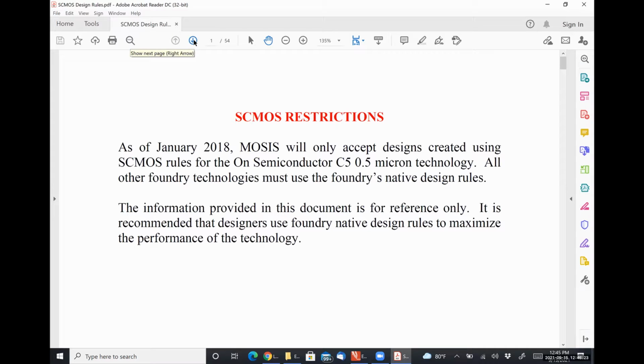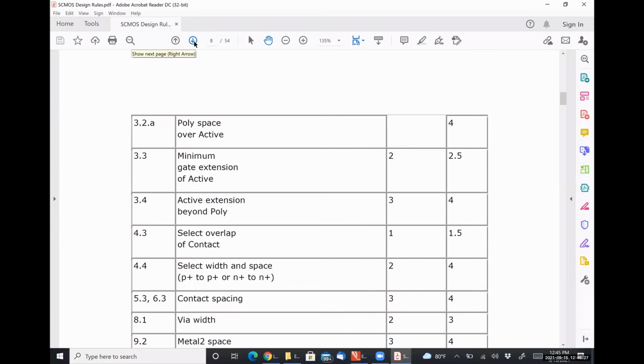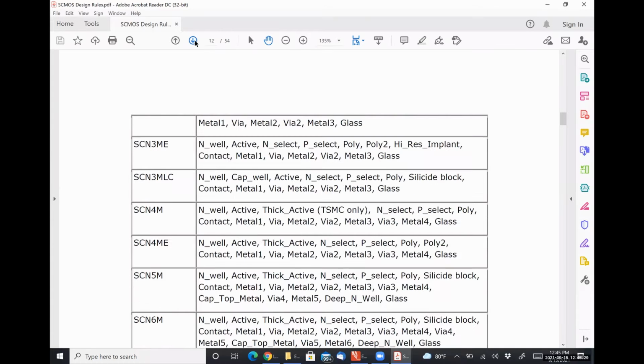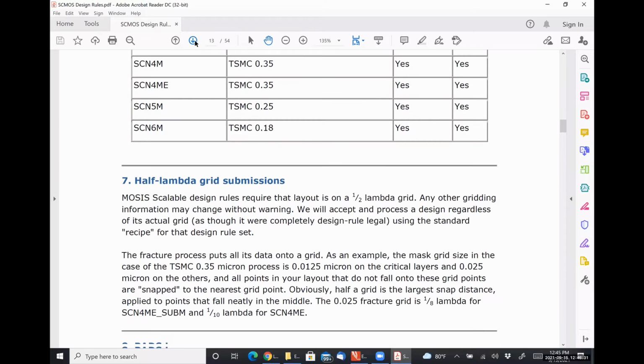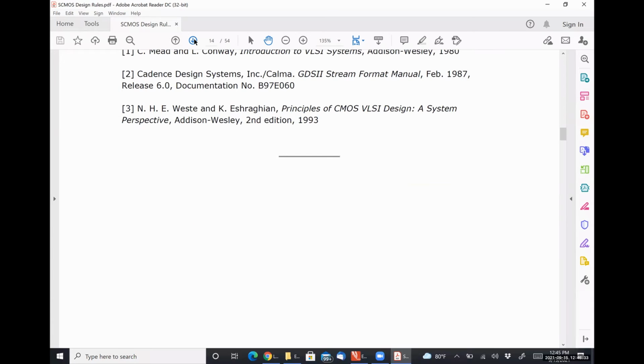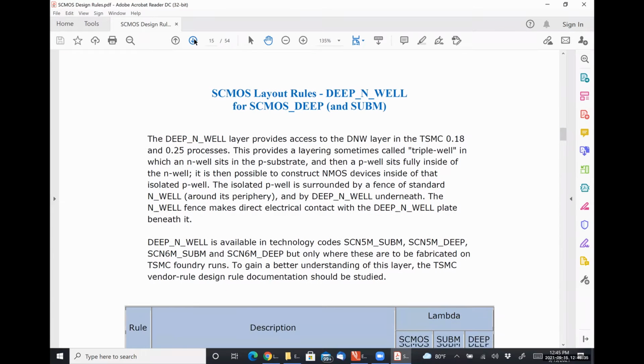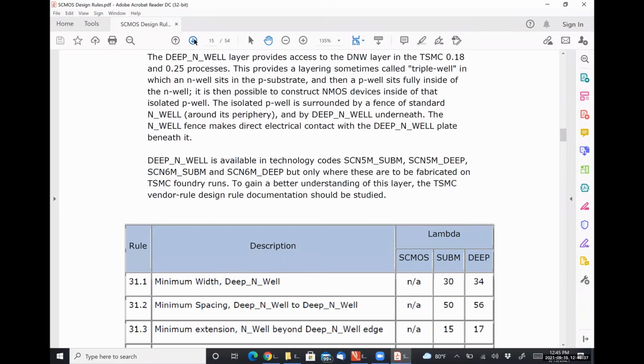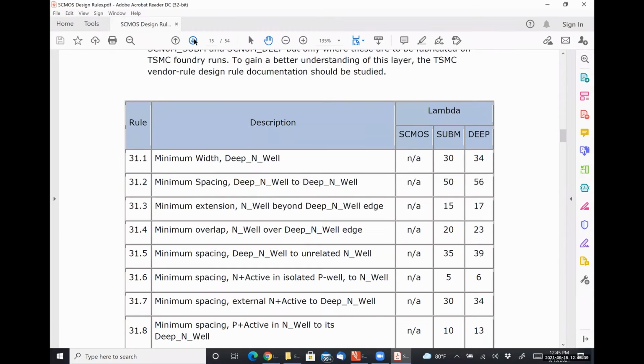Let's see, they're rule 1 point something, but that doesn't tell me what page they're going to be on at all. Just random tables. You know what? Let me get my keyboard.